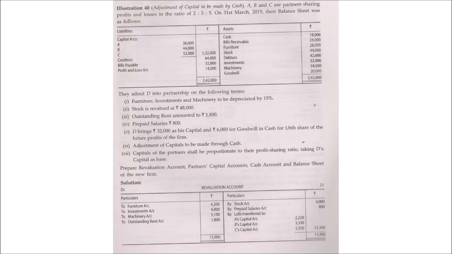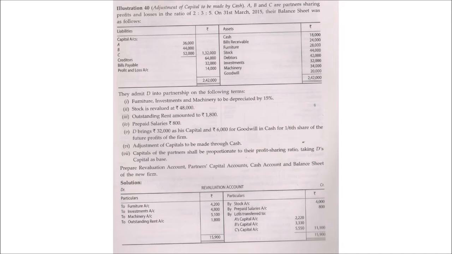A's capital will be 1,92,000 multiplied by 2 by 12, amount 32,000. B's new capital 1,92,000 multiplied by 3 by 12, amount 48,000. C's capital 1,92,000 multiplied by 5 by 12, amount 80,000, and D's capital, we already know, is 32,000.